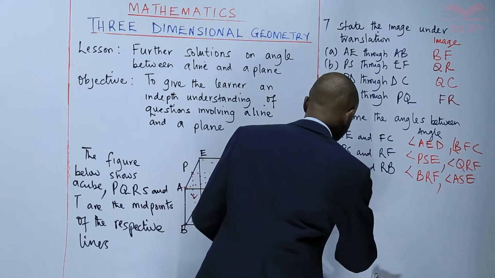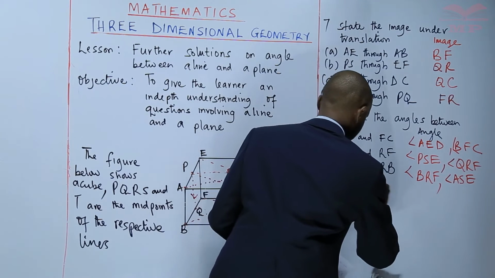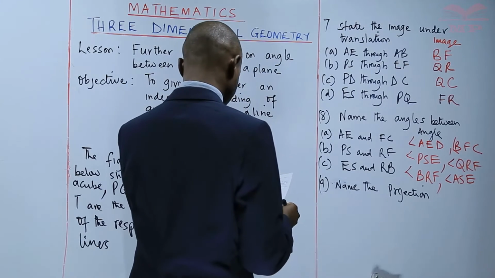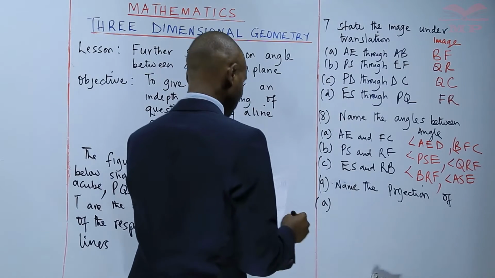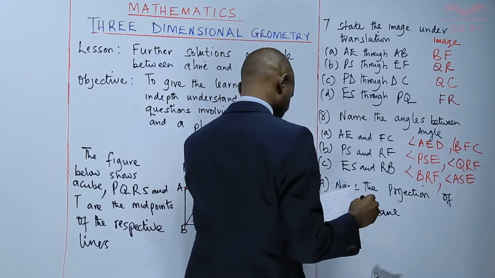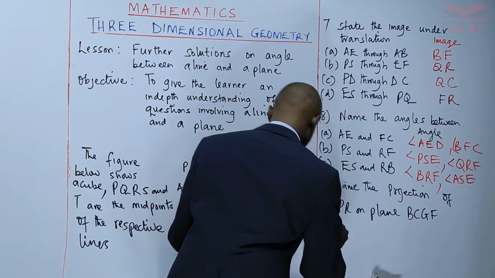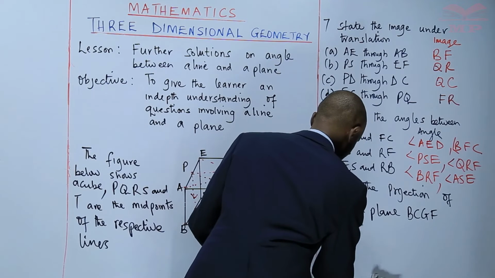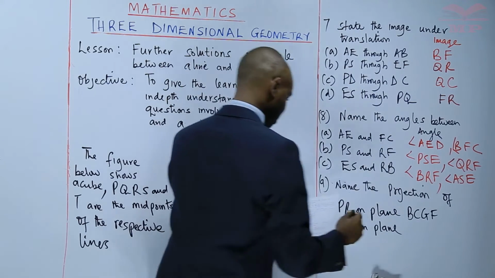Name the projection of PR on plane BCGF, and lastly ST on plane BCGF.